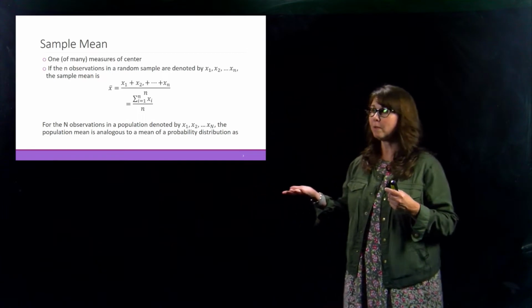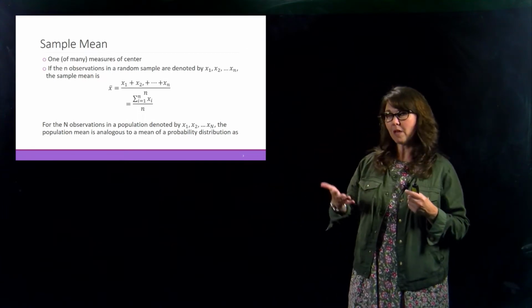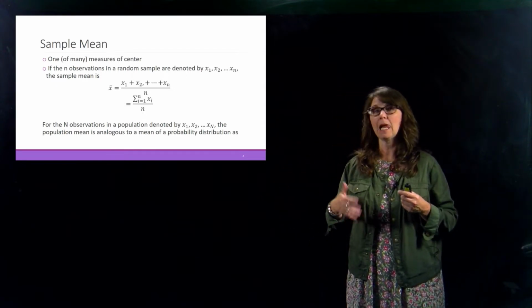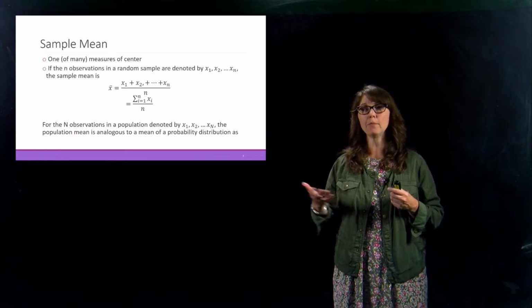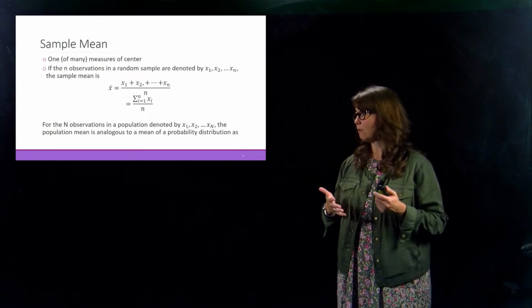So if you look formally at the notation here, we see that we have n observations, we denote them by x1 up to xn. Then the sample mean is just found by summing up all those observations, dividing by the number of observations that you have.